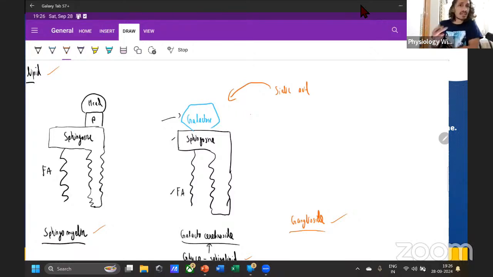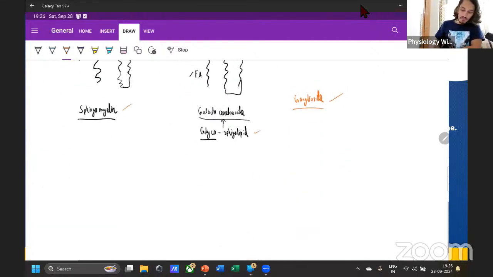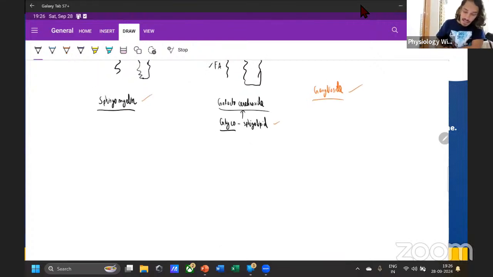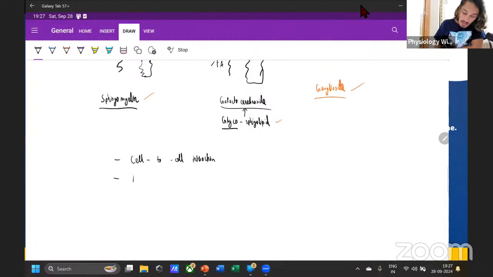So now what exactly does a sphingolipid do? You understand what a phospholipid does? Sphingolipid in a lot of ways is important in cell to cell interaction. It has some receptor role.